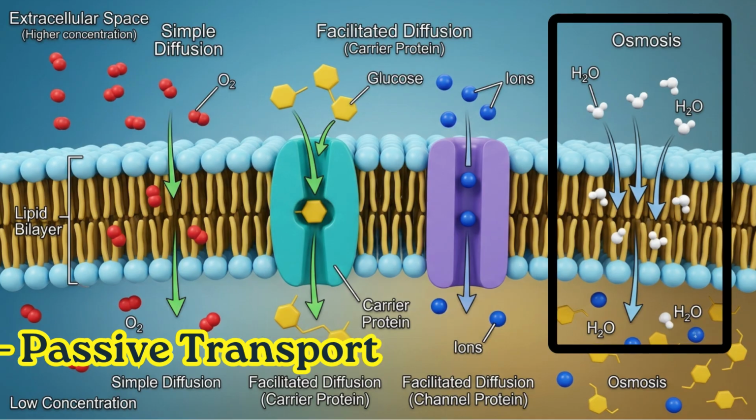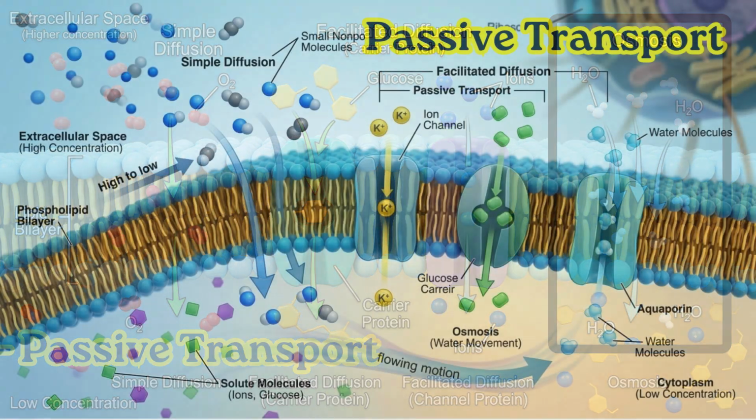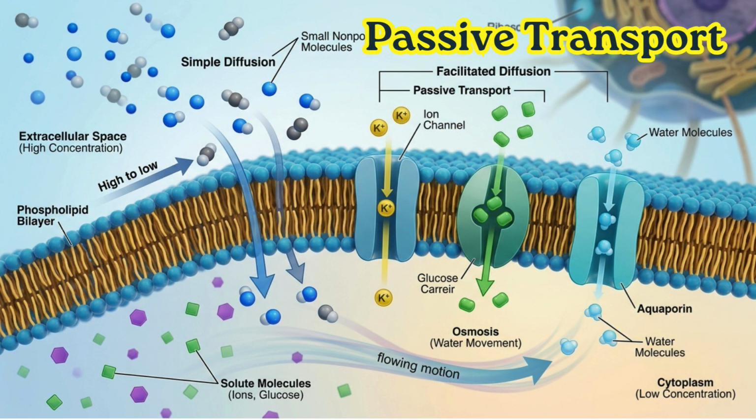And osmosis is also a type of passive transport, that is the movement of water through the selectively permeable membrane from the area of higher concentration towards the area of lower concentration. So passive transport, where no energy is required, takes place in the cell membrane by simple diffusion, facilitated diffusion, and osmosis.